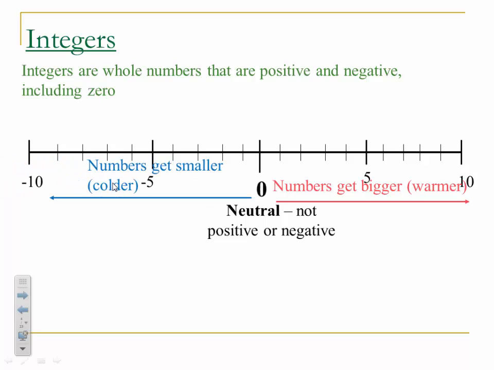Think of it in temperature terms again, the numbers get colder. So if I'm at 0 and go down, -1, -2, -3, -4, -5, -5 is colder than 0. It is less. It is worth less. If I keep going, -6, -7, -8, -9, -10, -10 is less than -5 because it is colder.